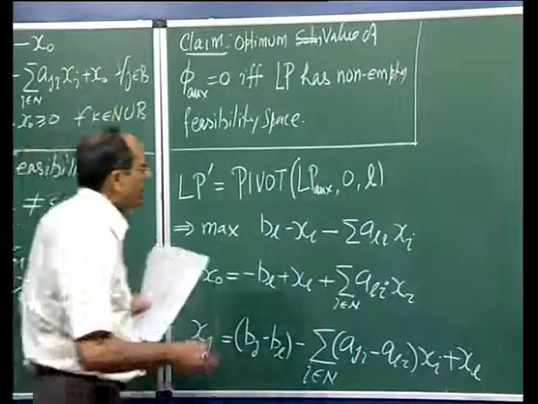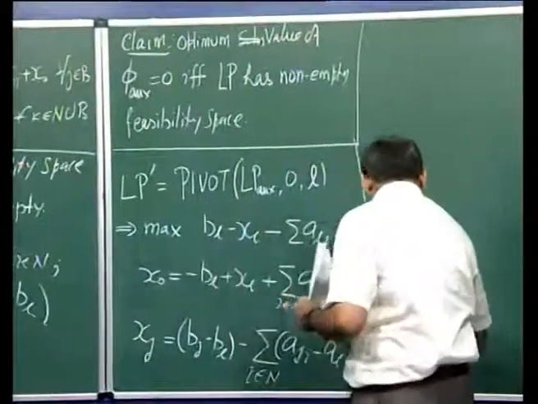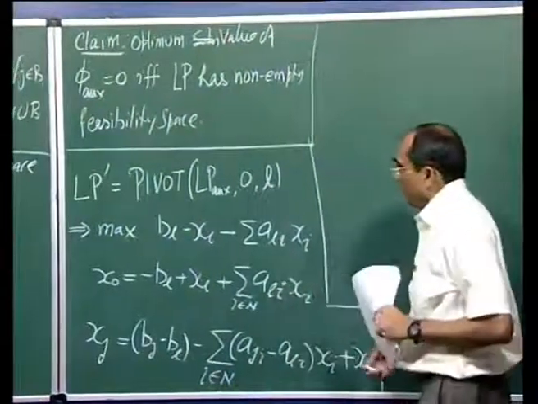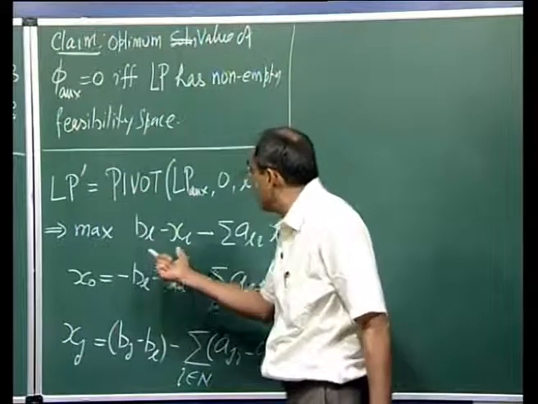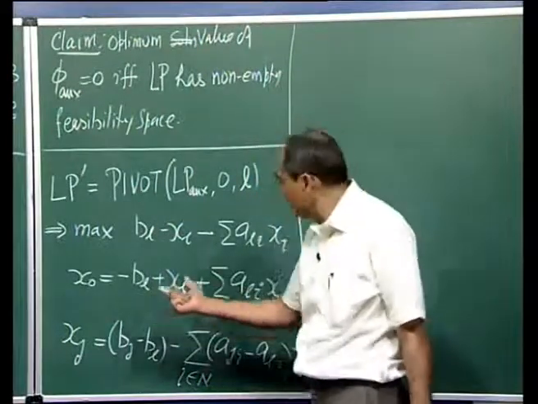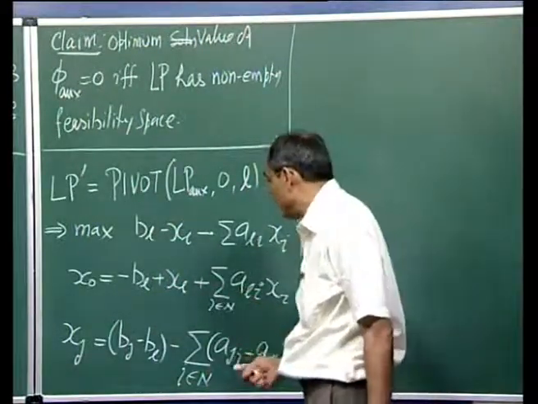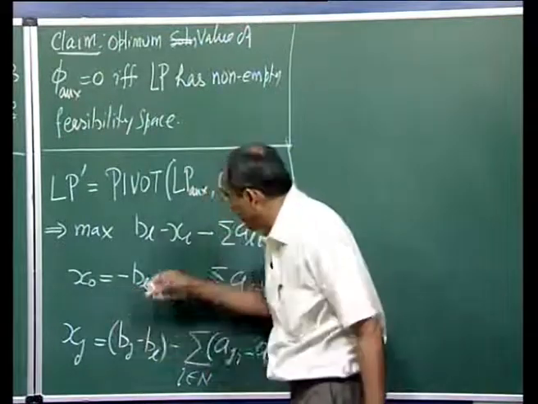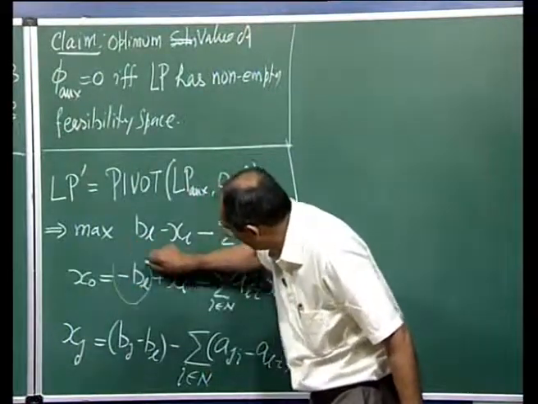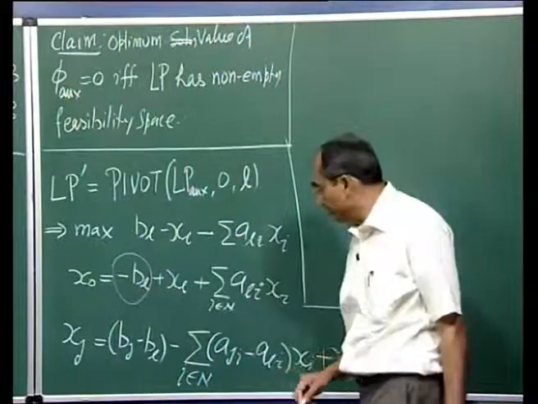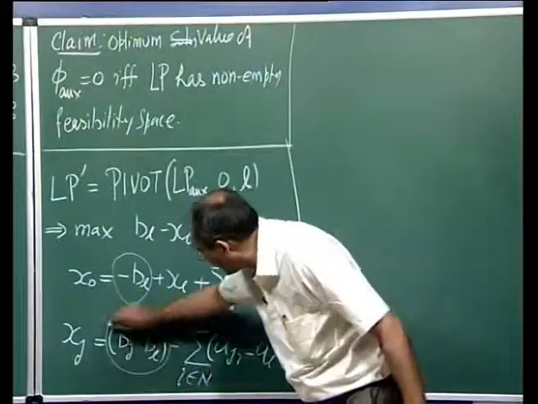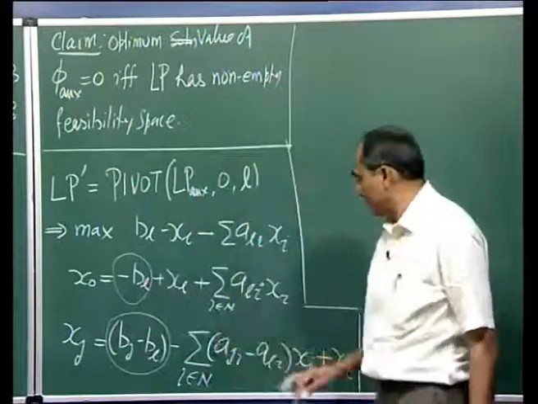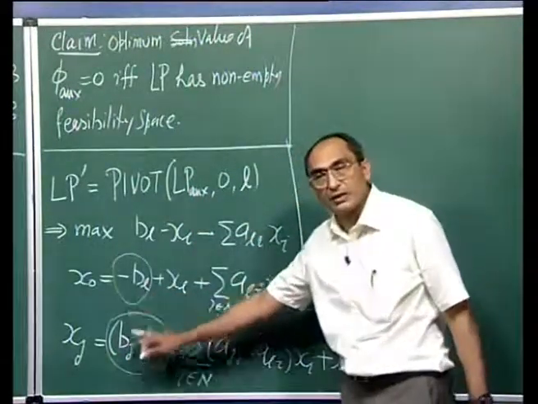Now, first of all, let's look at whether the basic solution is feasible or not. So notice that BL was negative and now this term is positive. This is obviously non-negative because BL is the smallest among all the BJs. So both these are non-negative.